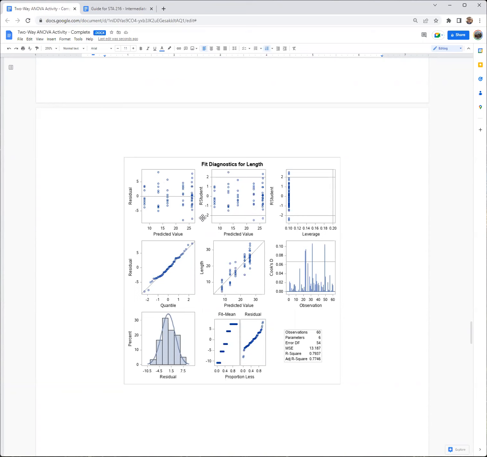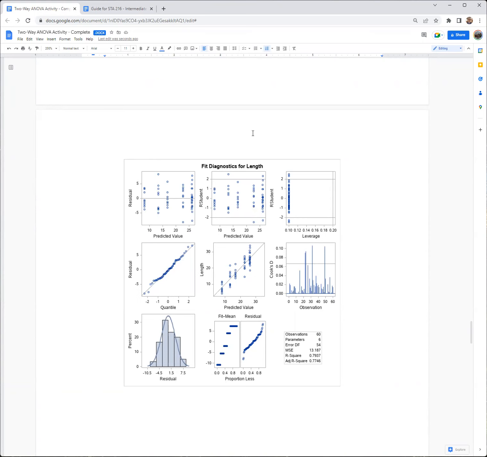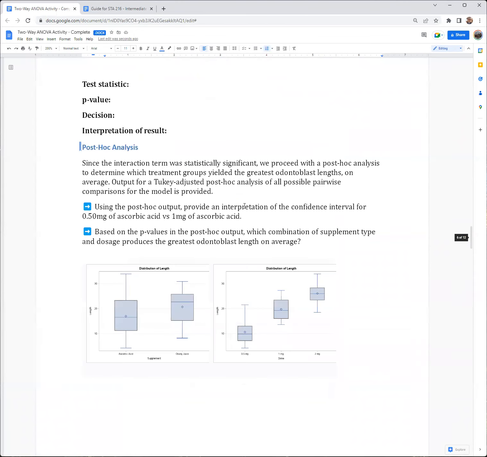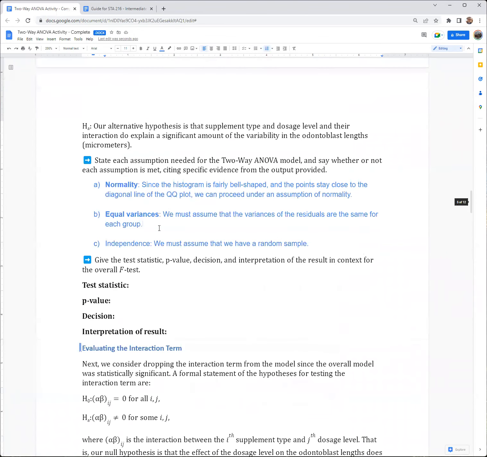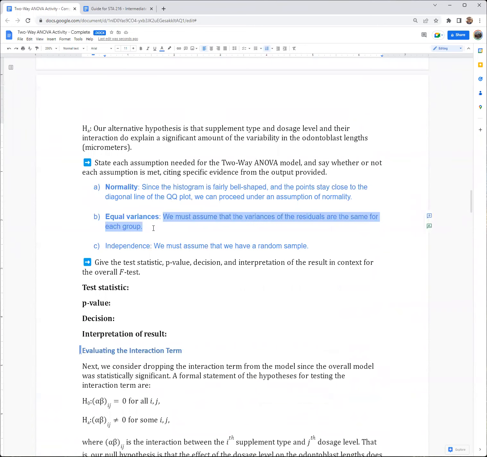It oscillates and changes somewhat, but there's not a clear or evident outward fanning pattern or funneling, nothing like that. There's nothing too problematic here. This seems to support the homoscedasticity assumption. We don't need to be too picky.